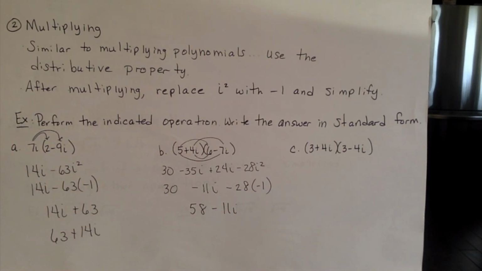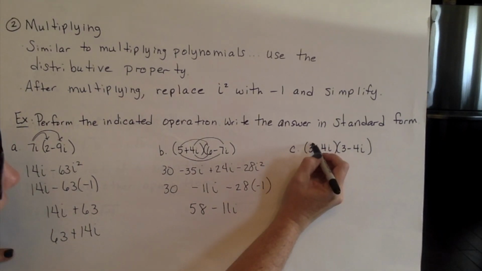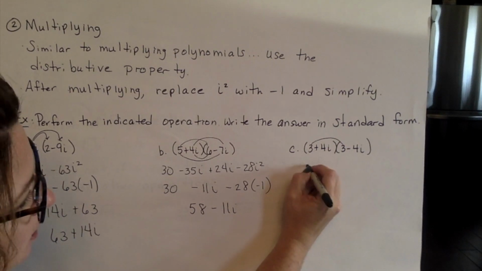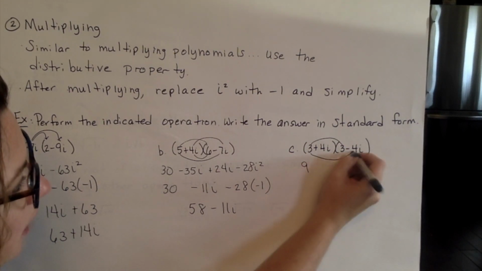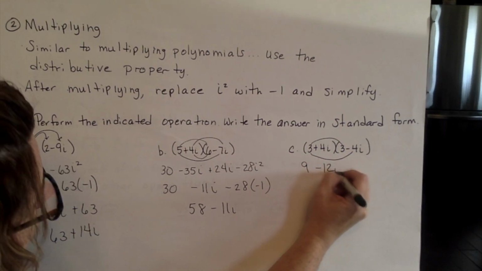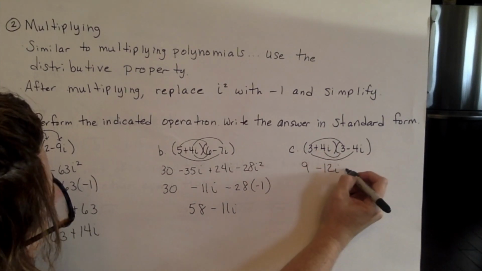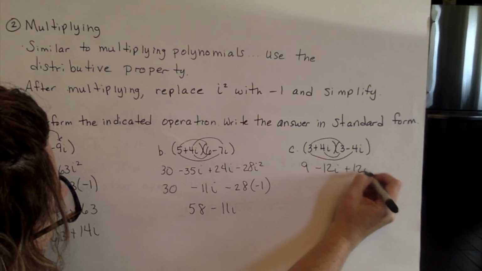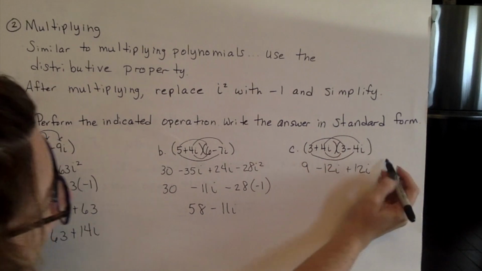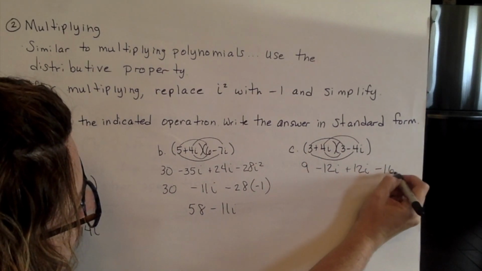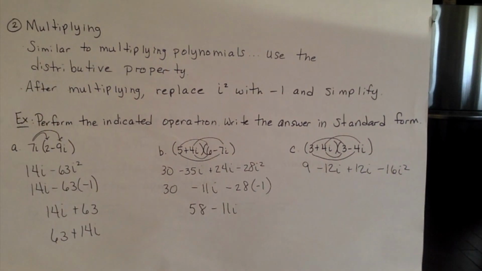And our last example on multiplying, again, we'll distribute. So 3 times 3 is 9. 3 times negative 4i is negative 12i. 4i times 3 is positive 12i. And 4i times negative 4i is negative 16i squared. This one has an interesting little thing.